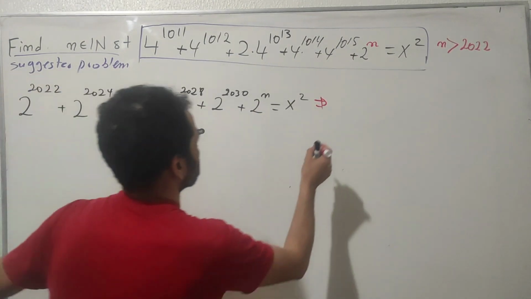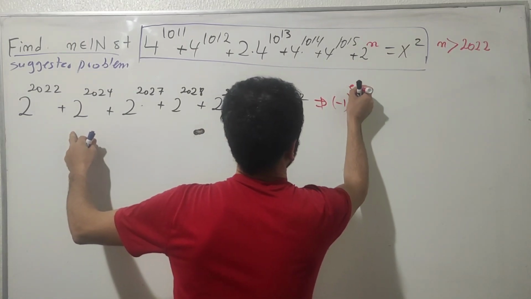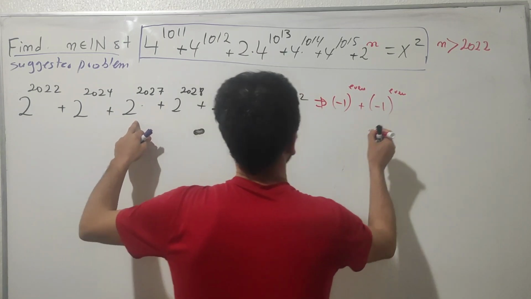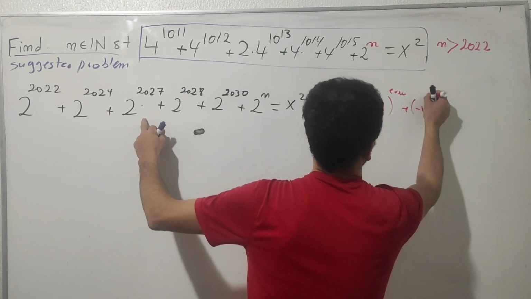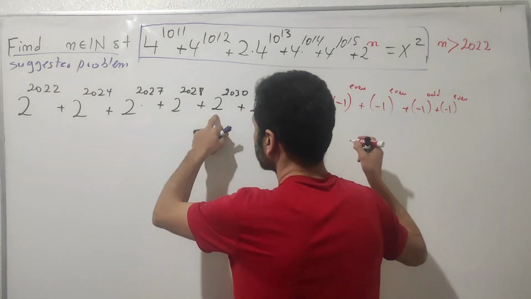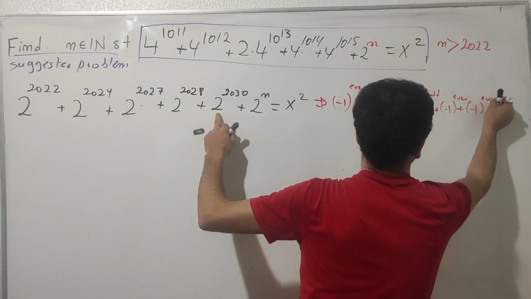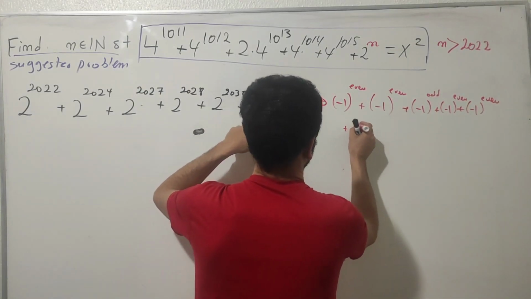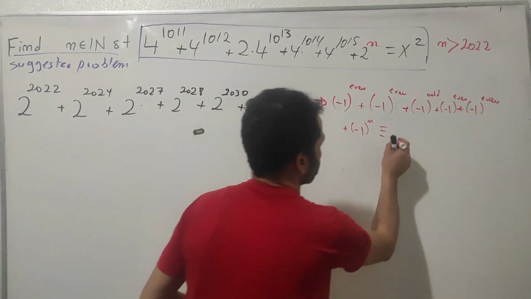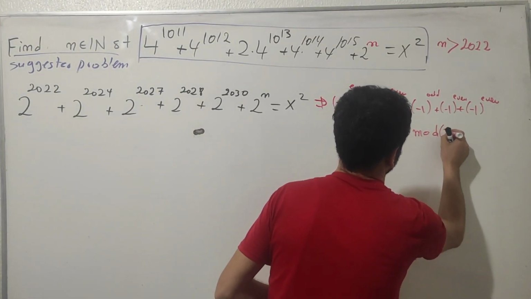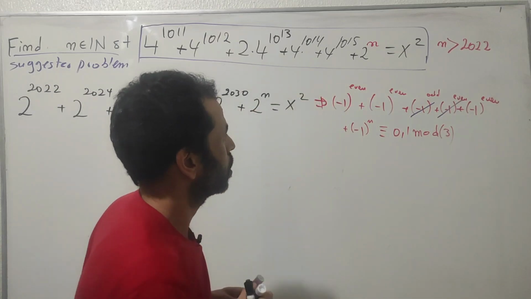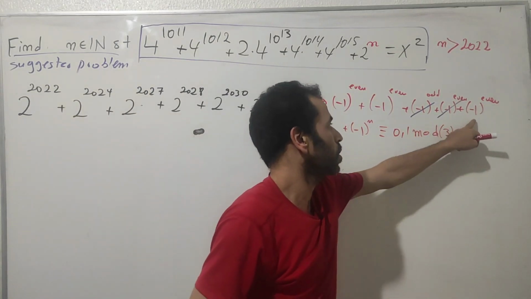This one becomes -1 to an even power, this one is -1 to an odd power, plus -1 to the even, plus -1 to the even, plus -1 to the n, which is congruent to... We know x squared is always congruent to 0 or 1 mod 3. So the odd term cancels out with one of the even terms, and I am left with 1, 2, 3 even terms here.